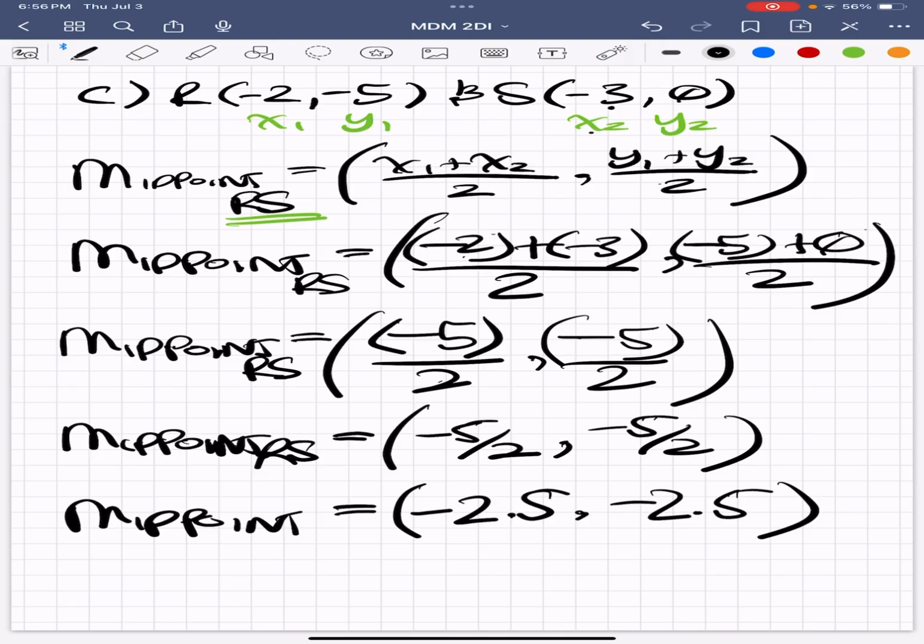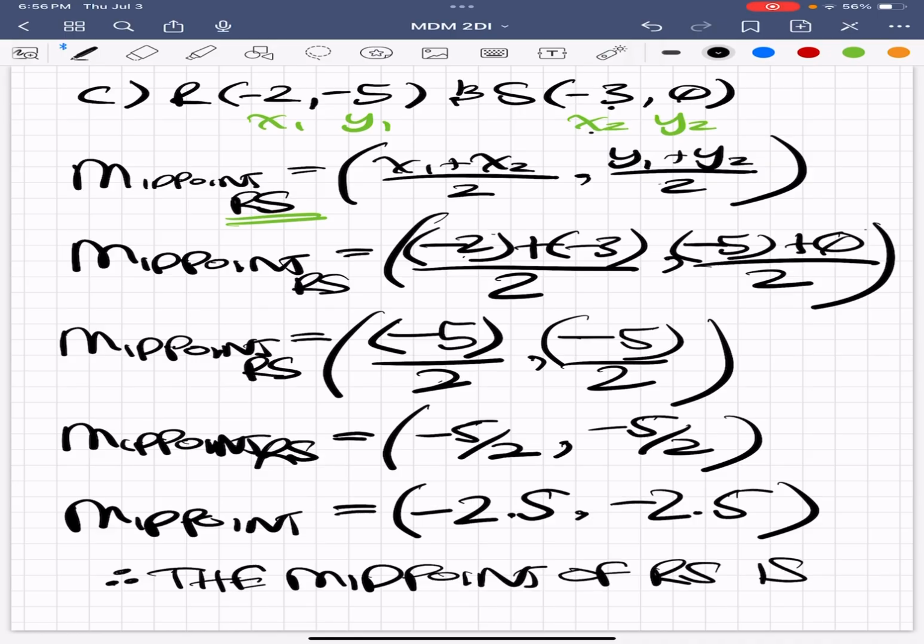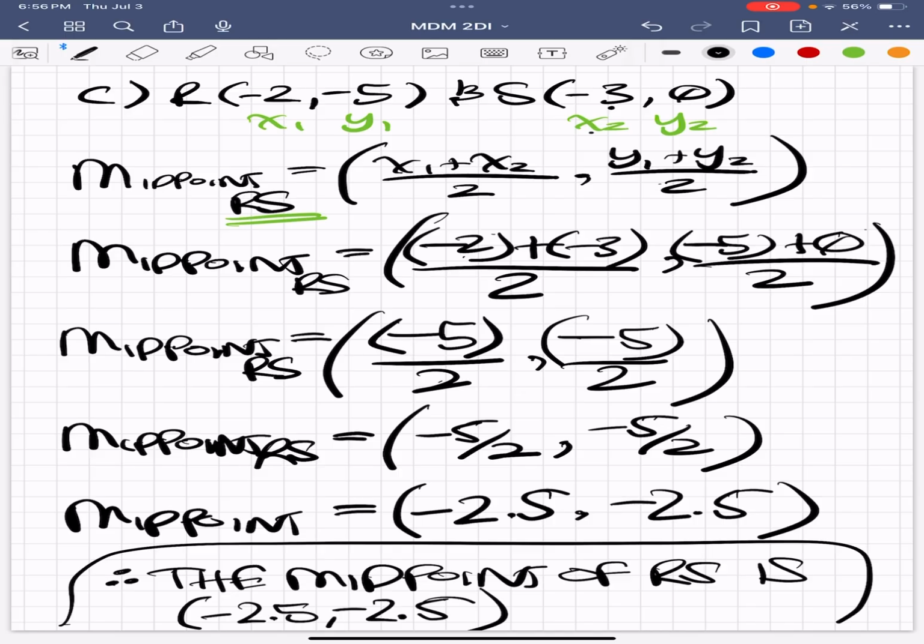So that's our fraction answer, and then we have, so the midpoint of RS is negative 2.5 and negative 2.5. So that would be, oh, we're using green.